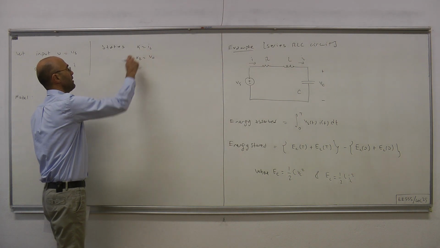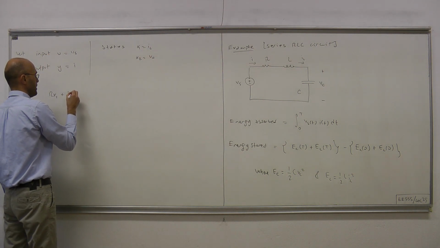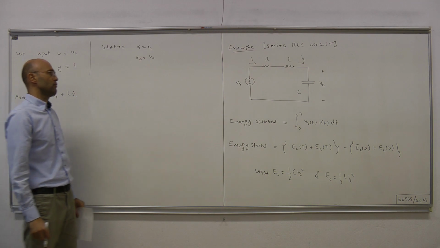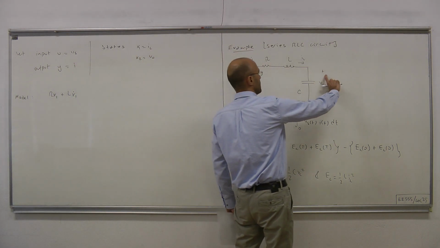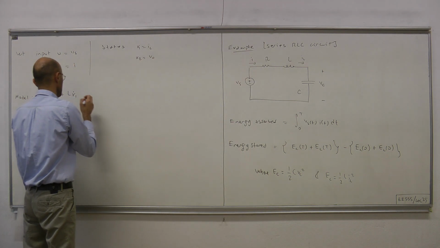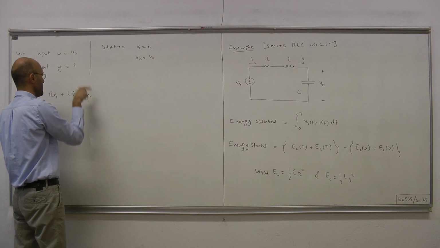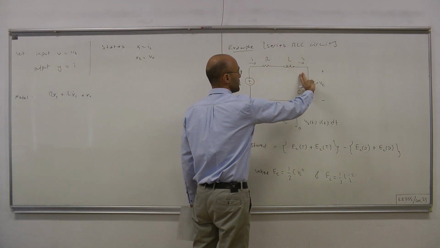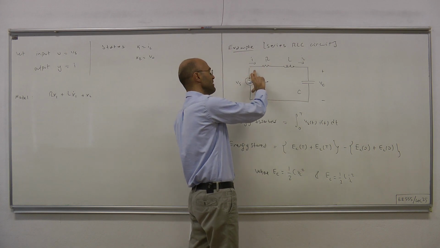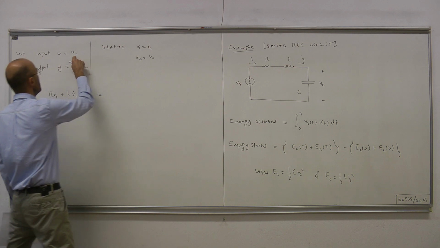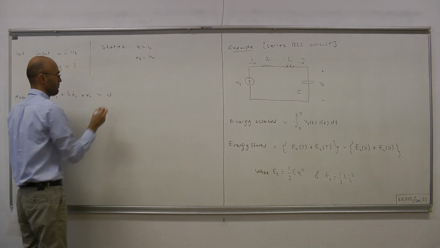The current is IL, so we're talking about L x1 dot. And finally, for the capacitor voltage, we directly have it as a state variable, plus x2. That's the sum of these three voltages, and that must equal, by KVL, the voltage provided by the source. So that equals Vs, and Vs is u.